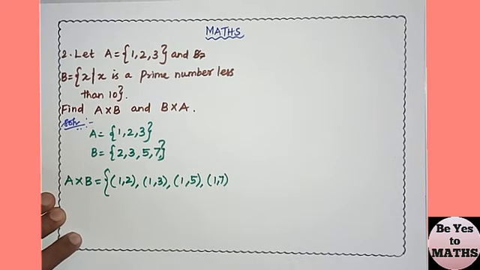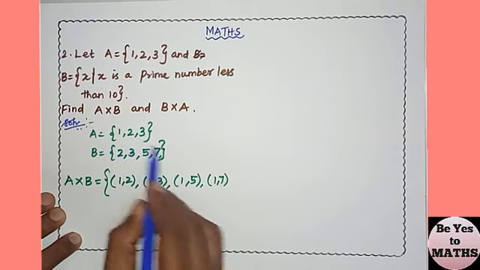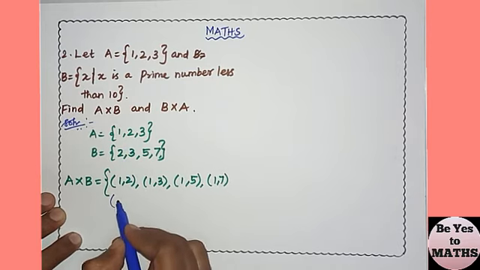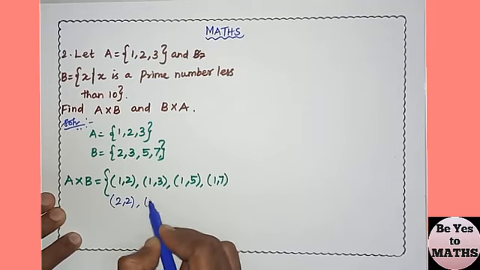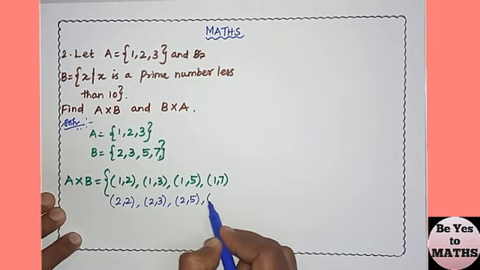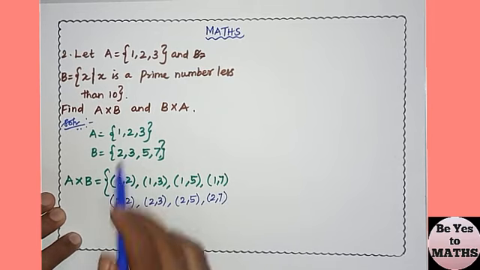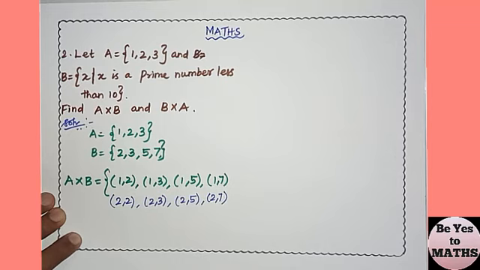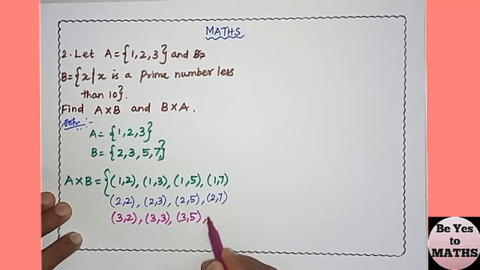Now take element 2 from set A and pair with all the elements in set B: 2 comma 2, 2 comma 3, 2 comma 5 and 2 comma 7.